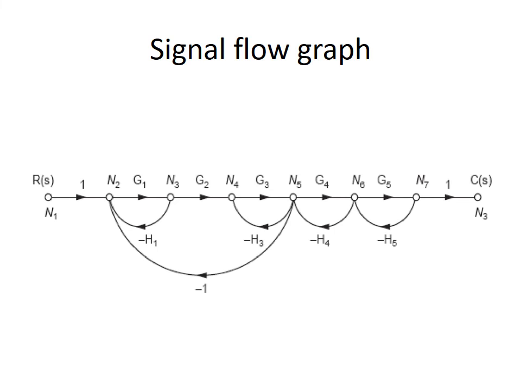Like this you can find the different possible combinations. One more pair of two non-touching loops is G1, G2, G3 minus 1 and G5 H5. This is also another possible combination. So you have to find the loop gains, and then the products of two non-touching loops and of three non-touching loops. All those things you have to find out.